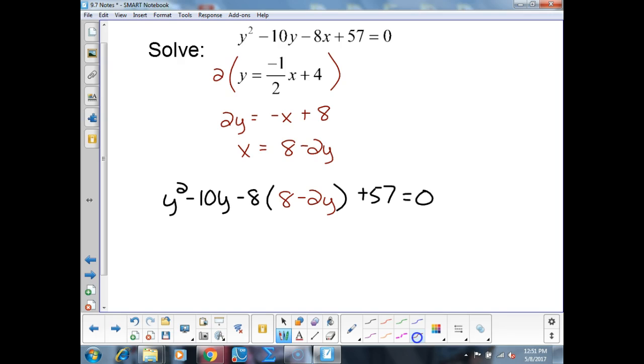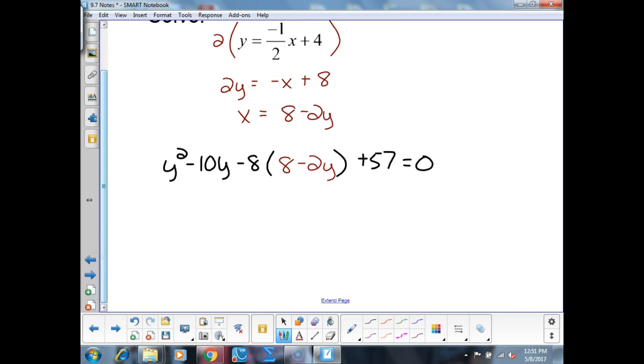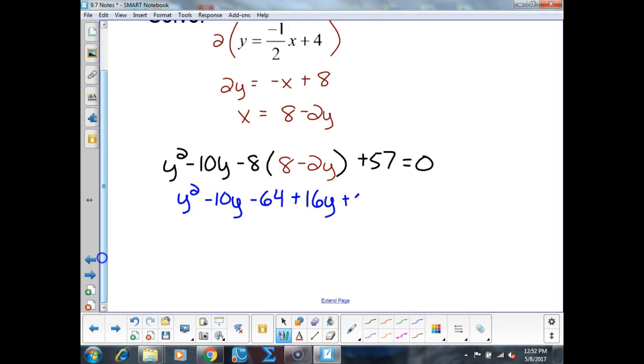Which is y squared minus 10y minus 64 plus 16y plus 57 equals 0, which is y squared plus 6y minus 7?